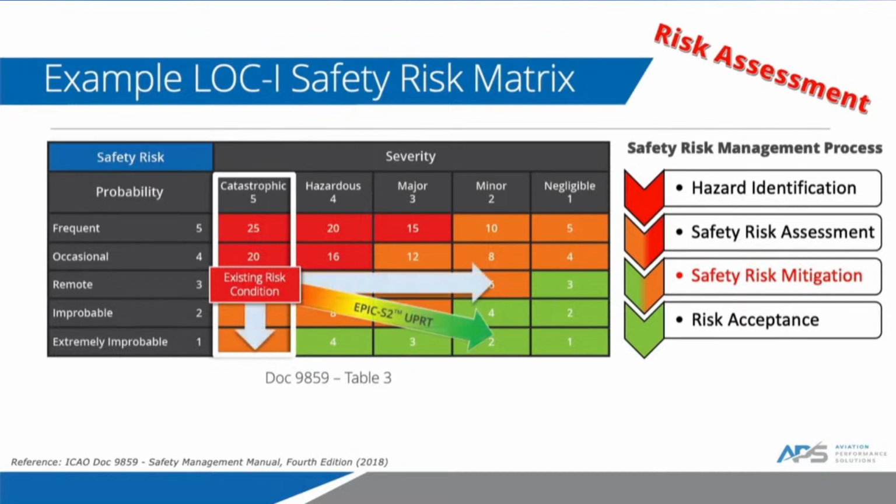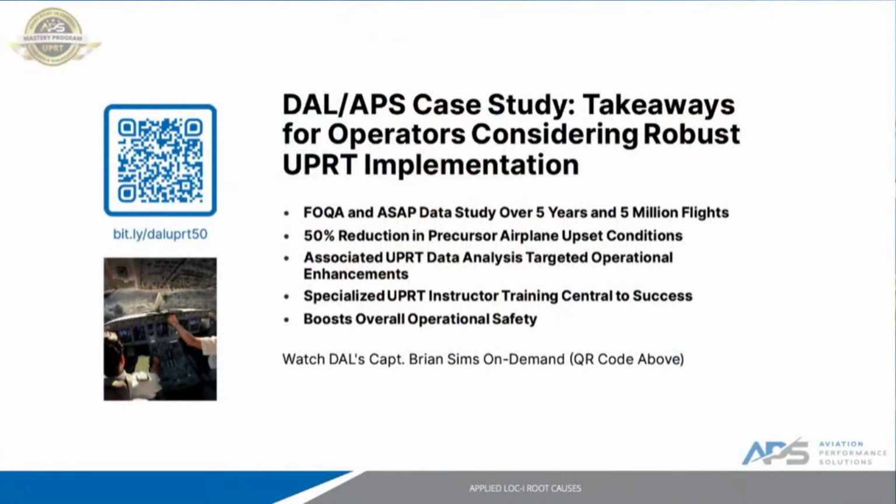So the goal is risk mitigation, and the Every Pilot in Control Solution Standard, pioneered by APS and released to the industry in 2019, is how you optimize a provider's ability to implement effective upset prevention and recovery training to address both severity, which is usually referred to as recovery, and probability, which is awareness and prevention. And I think Delta Airlines is a great example of that. When it partnered with APS, over 5 million flights in 5 years, they drove down a 50% reduction in precursor upset events.